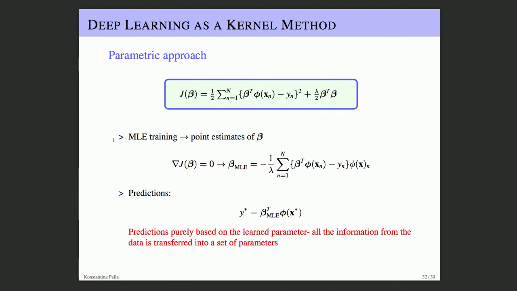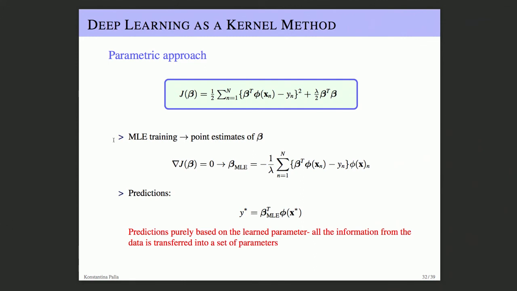The cost function that I'm using again is the one depicted here: it has the sum of the errors, and the penalty term is the one we discussed that comes from the maximum a posteriori. So I minimize that by taking the gradient, and I compute the maximum likelihood estimate. Actually, sorry, I will correct myself. Here it is not the regularization term; here it is plugged in.